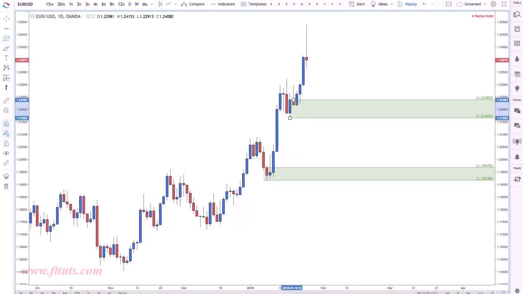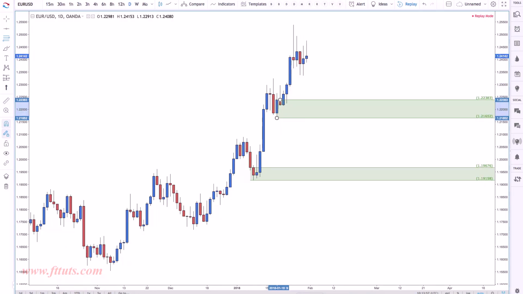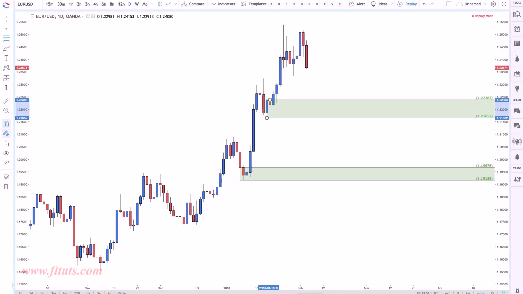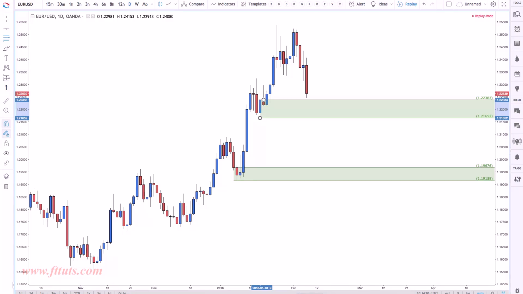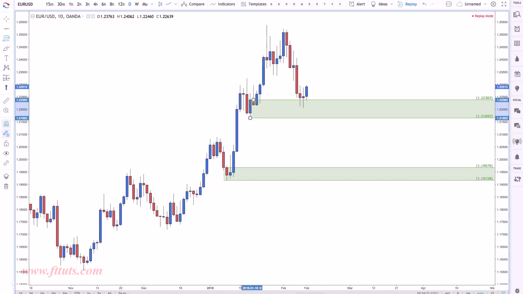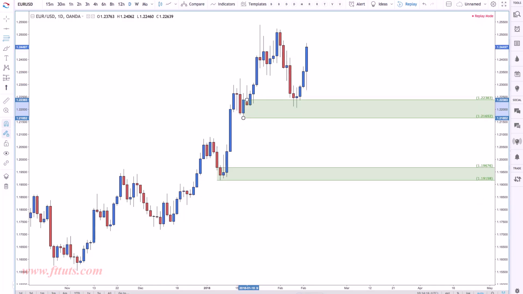So let's keep going forward. Pause a little bit. Now we need to make a new bullish candle high for this to be considered a level. So this is our level of demand, and then we can see we come down into this level of demand.